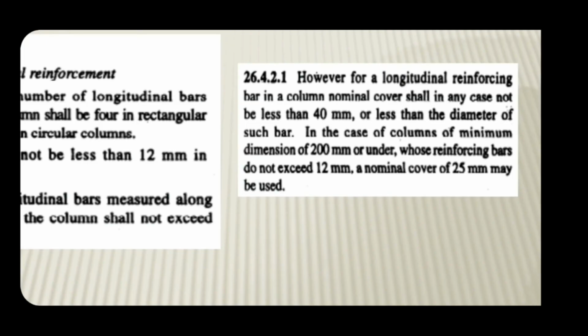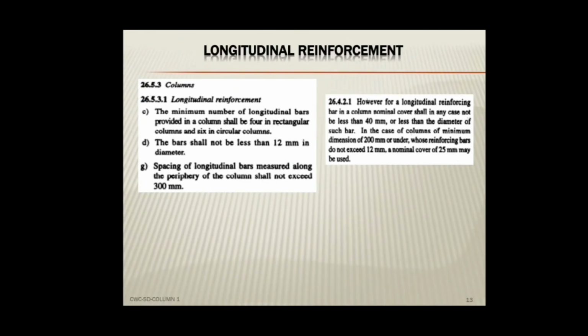We have clause number 26.4.2.1 which says the minimum nominal cover to be used is 40 mm or the diameter of the bar, whichever is greater. Now, keeping all these requirements in mind, we can consider a clear cover of 40 mm, 4 numbers of 25 mm dia corner bars and 8 mm dia stirrups.